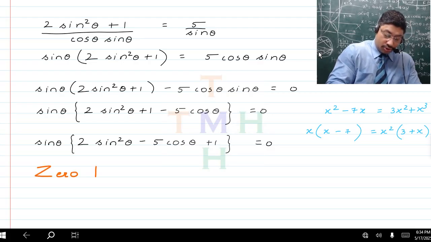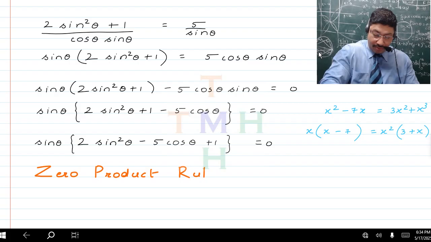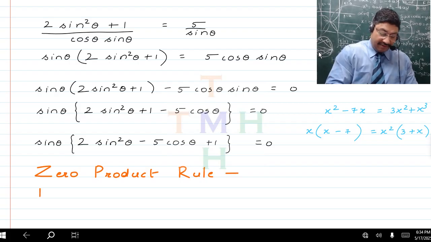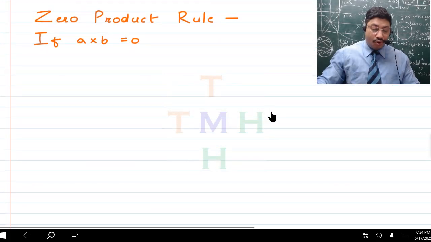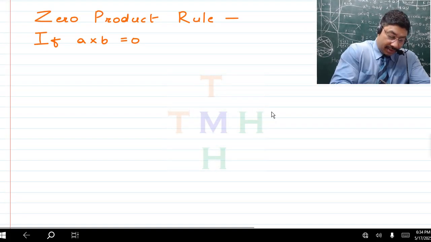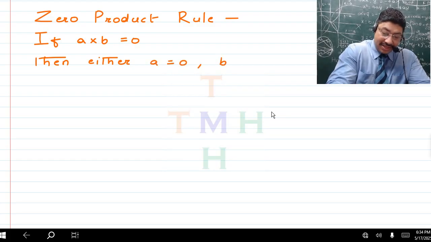So the zero product rule is what? Tell me. No? Well, let me tell you. If you have some a which is multiplied with b and their product is equal to 0, then you can say that either a is equal to 0 or b is equal to 0.